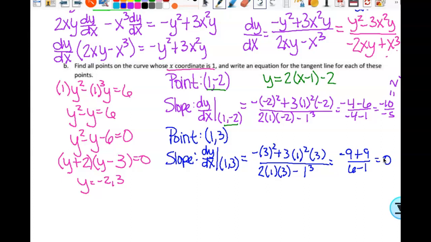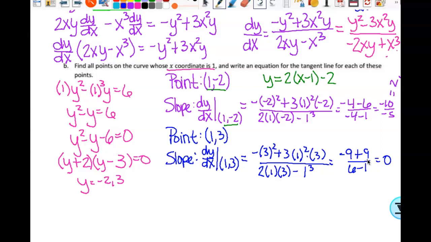Do you not agree with me? You do? Yeah, right here. 1 squared times 3. So that's just 1. So there's just 3 times 3, which gives me 9 right there. Okay. Yeah. All right. So then that gives me 0.